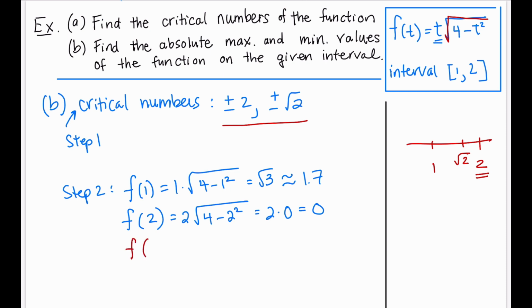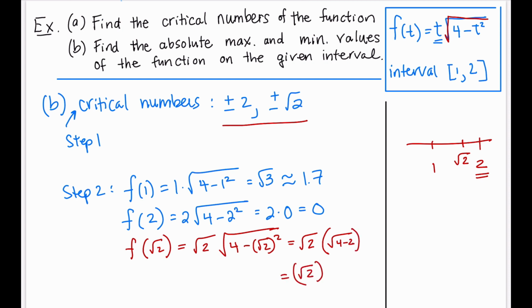So f of root 2 is equal to root 2 times the square root of 4 minus root 2 squared. That is root 2 times the square root of 4 minus 2, so that's just root 2 squared, which is just 2.